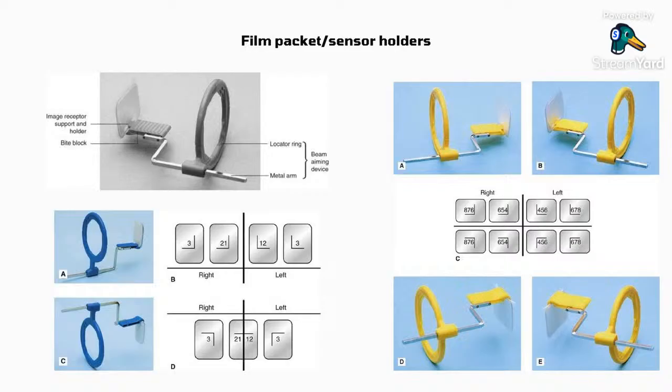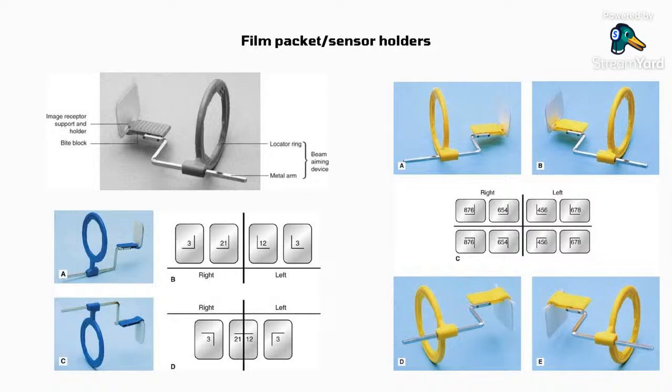To capture the anteriors, you will need approximately 4 images for the upper and approximately 3 images for the lower, and this is perfectly indicated in the picture, in B and D.